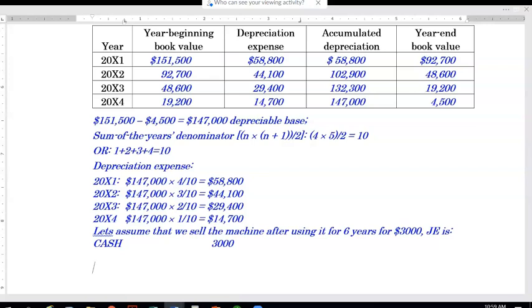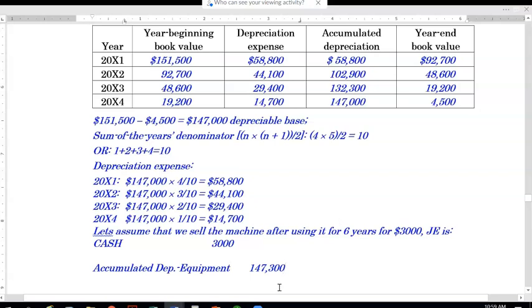So here we go, accumulated depreciation equipment. And we call that $147,300, right? Coming from here, total accumulated depreciation.